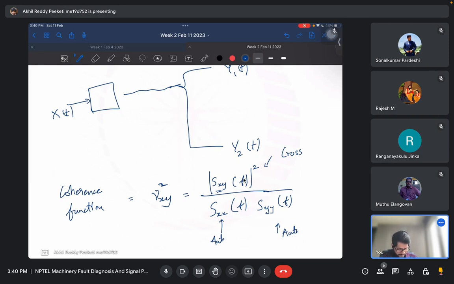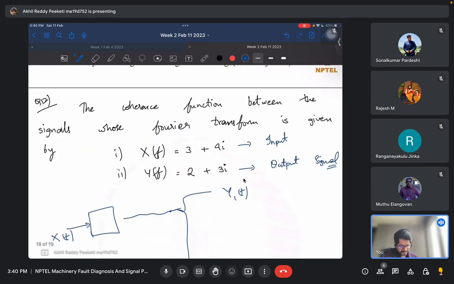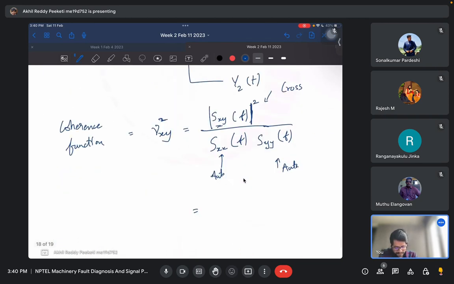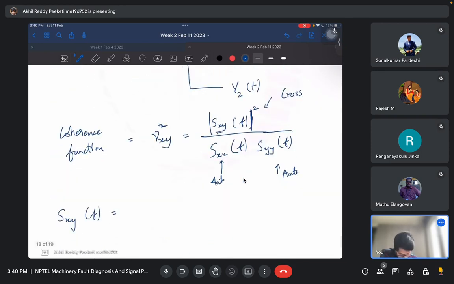And here you are looking at the magnitude of the cross power. So for these two, let's first calculate the cross power spectrum. First you take 2 plus 3i into 3 minus 4i, the complex conjugate of y.